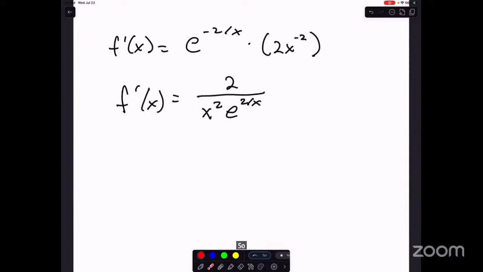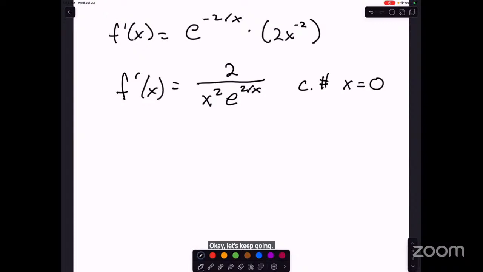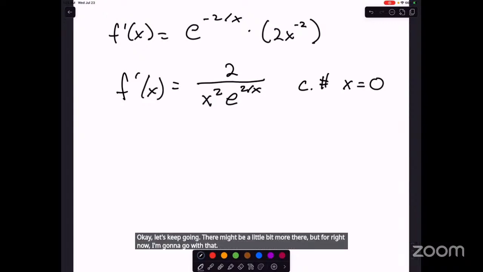So it looks like we're getting one critical number when x is 0. Okay, let's keep going. There might be a little bit more there, but for right now, I'm going to go with that.